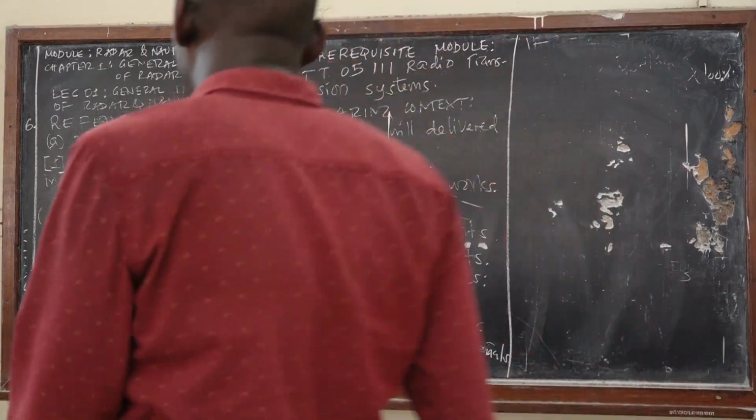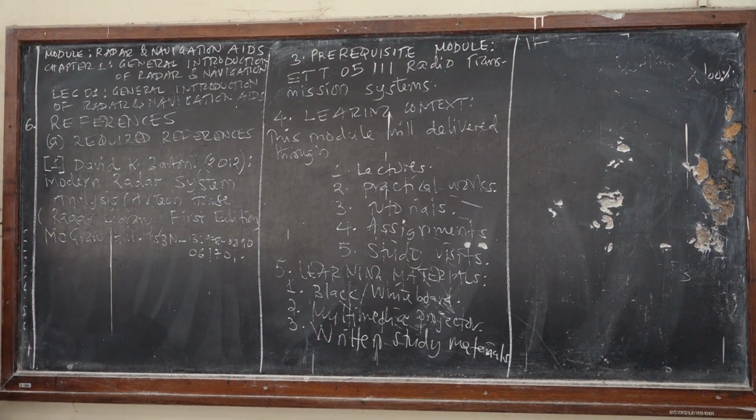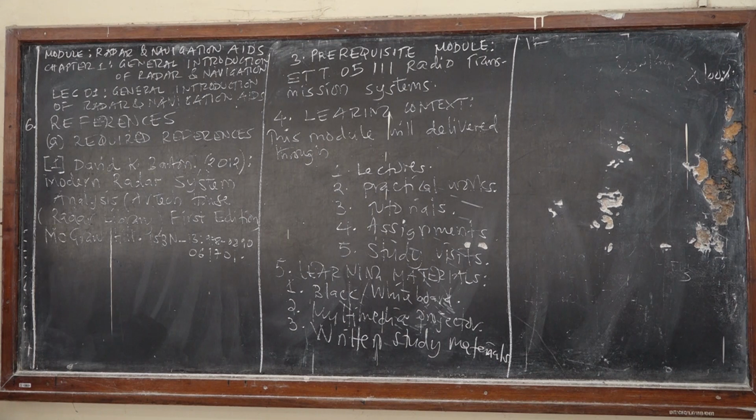When you write this name with all the details, you may find a free Modern Radar System Analysis. If you ignore the other information and just search for the name, you'll find the book, which you have to buy, and we know that in Bongo that is not good news.